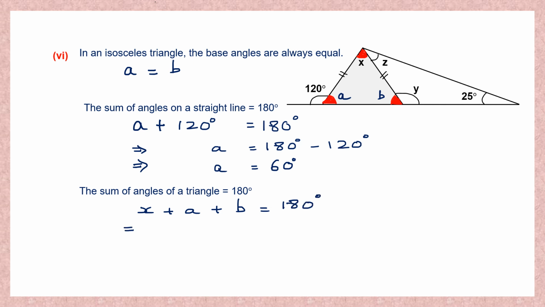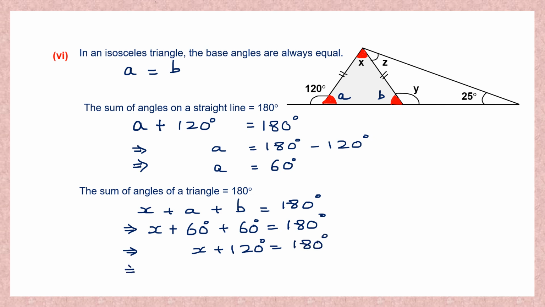Now we're going to find the value of X by substituting the values of A and B. A we found out to be 60 degrees. Since B is also equal to A, B will also be 60 degrees. Together they will add up to 120 degrees. So angle X plus 120 is equal to 180 degrees.